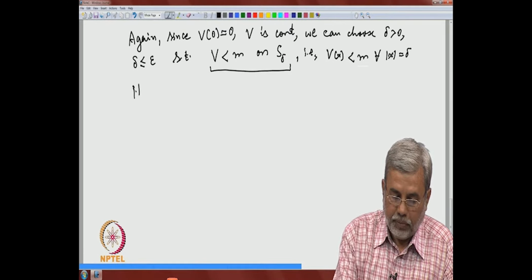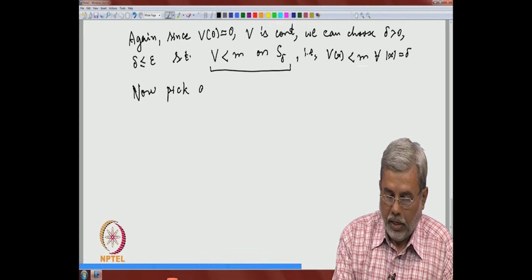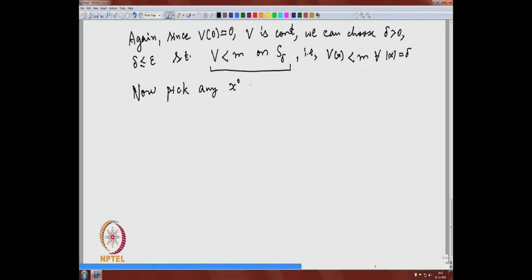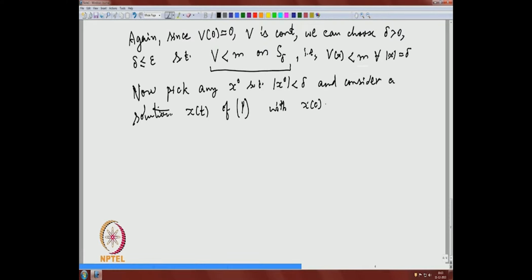Now pick any x 0 such that mod x 0 is strictly less than delta, and so you start your orbit and consider a solution x of t of our system 1 with x of 0 equal to x 0.